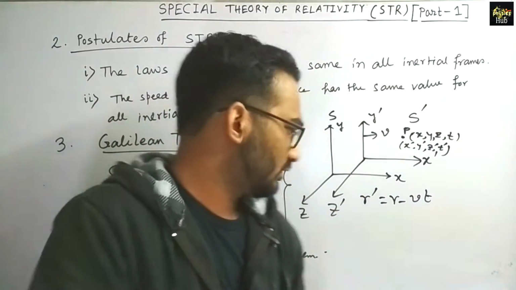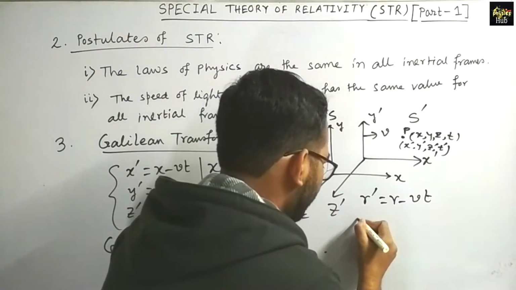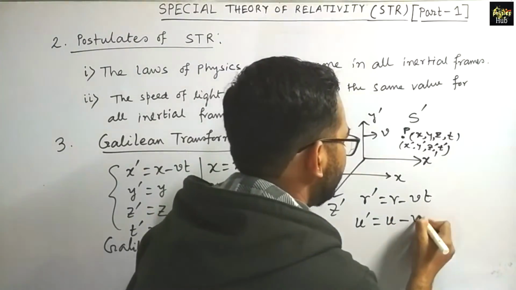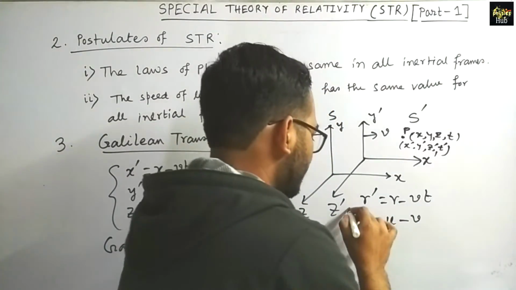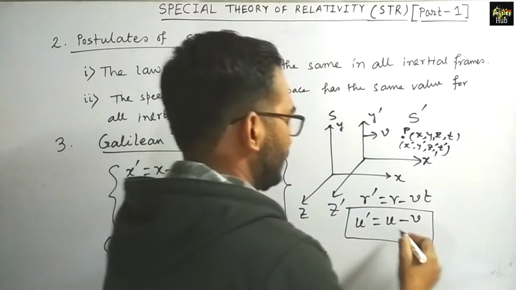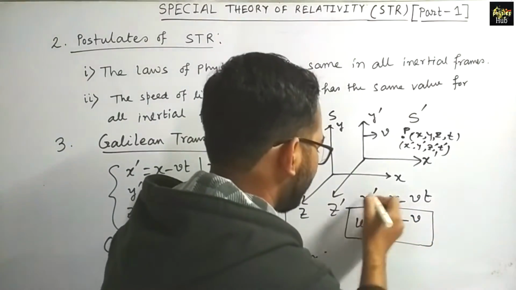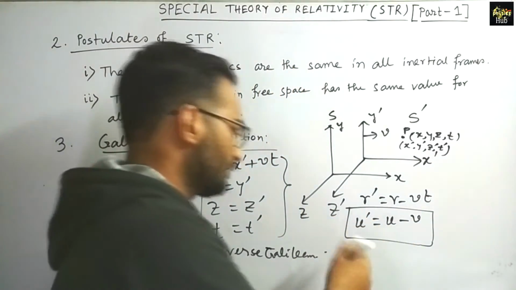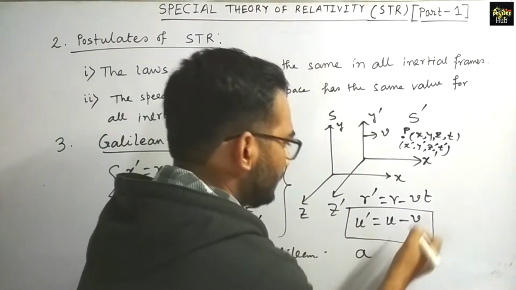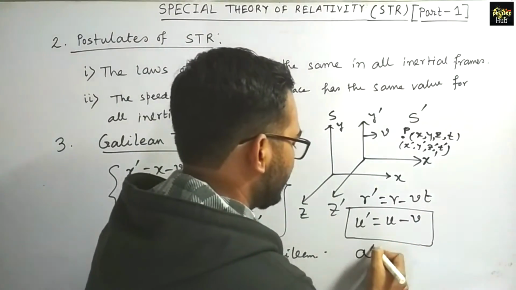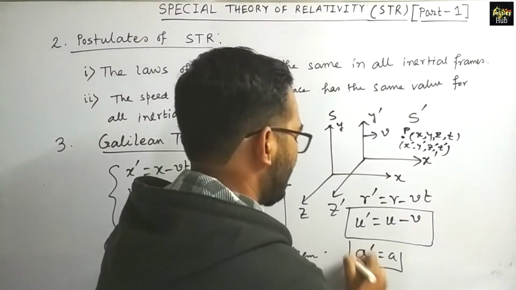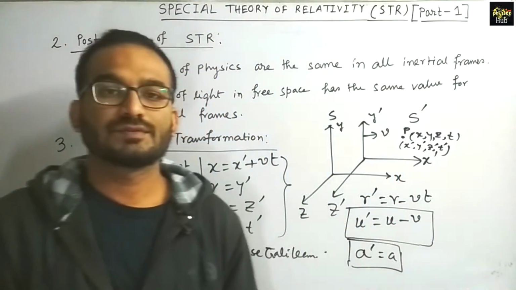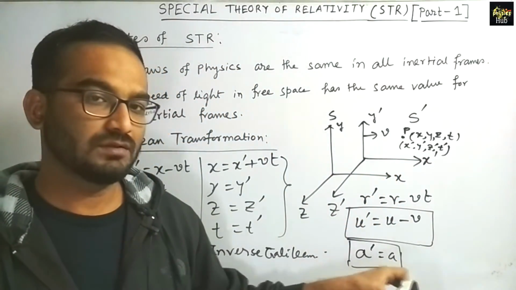Now if you want to write the velocity, then u prime equals u minus v. This is in terms of velocity. And further, if you want to write the acceleration, we have to take the derivative with respect to time once more. Now v is constant, so a prime becomes a. As you can see, acceleration in both frames is equal.